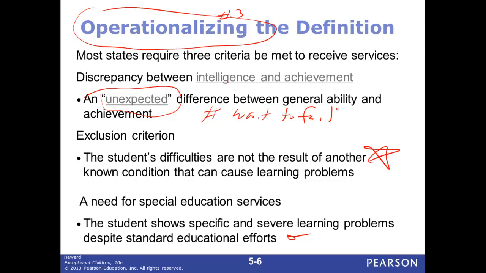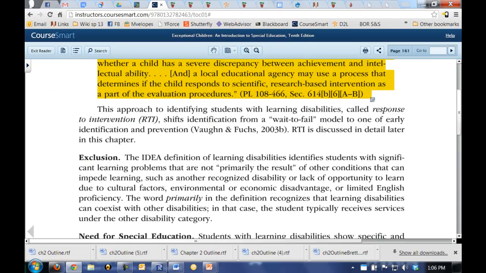That was a change. And this exclusion: students with significant problems are not primarily the result of other conditions that can impede learning, such as lack of opportunity to learn, cultural factors, environmental, English. The word primarily in the definition recognizes that learning disabilities can coexist. And so that was a big step.